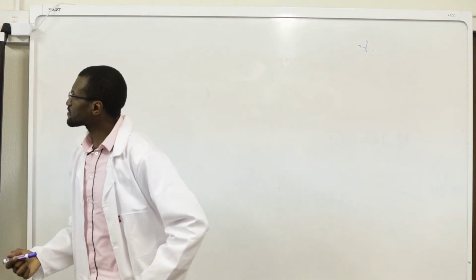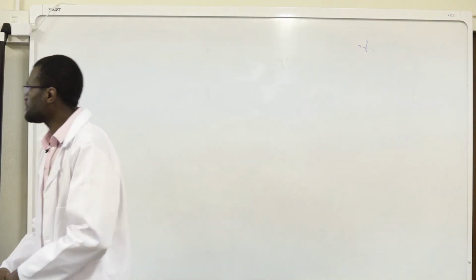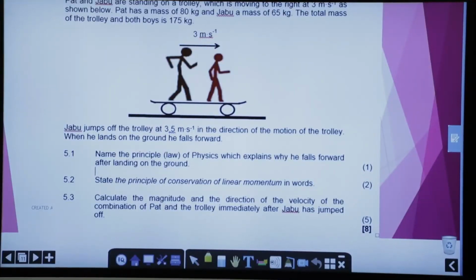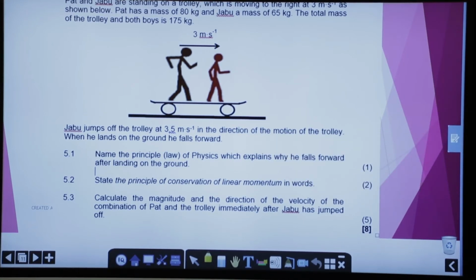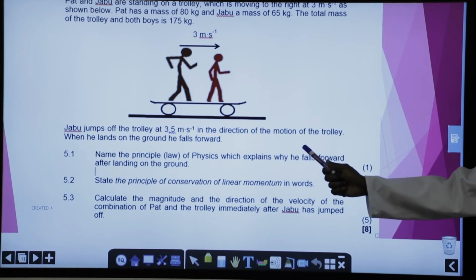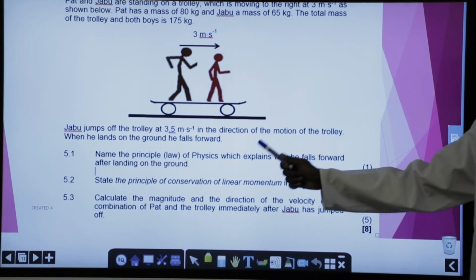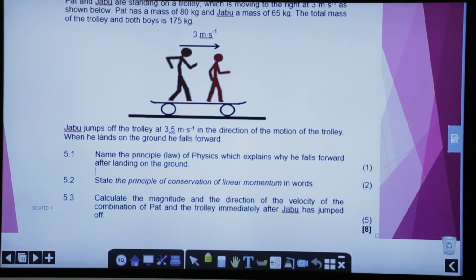The total mass of the trolley and the boys is 175 kg. Jabu jumps off the trolley at 3.5 meters per second in the direction of the motion of the trolley. When he lands on the ground, he falls forward.